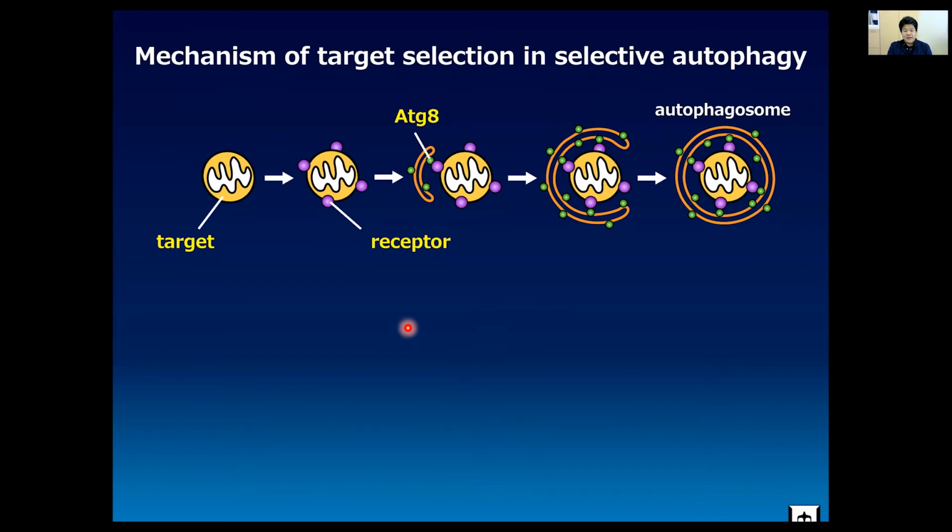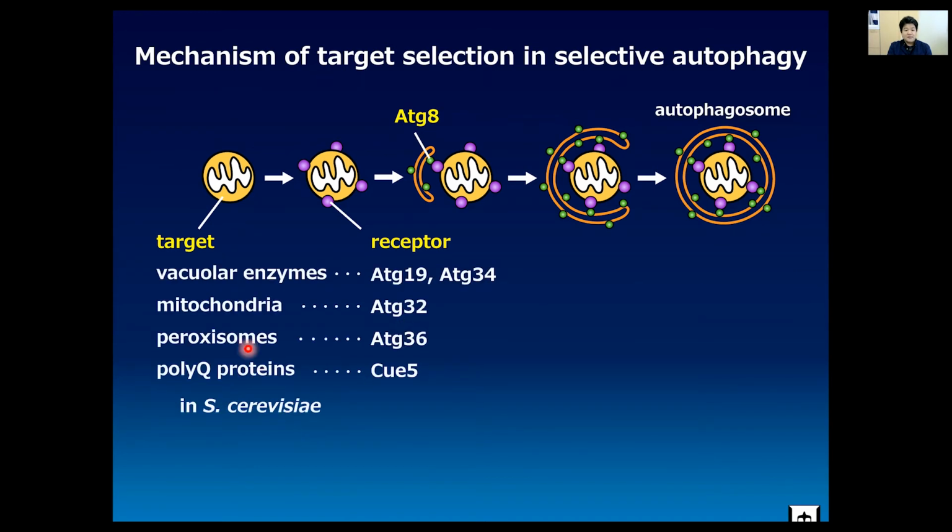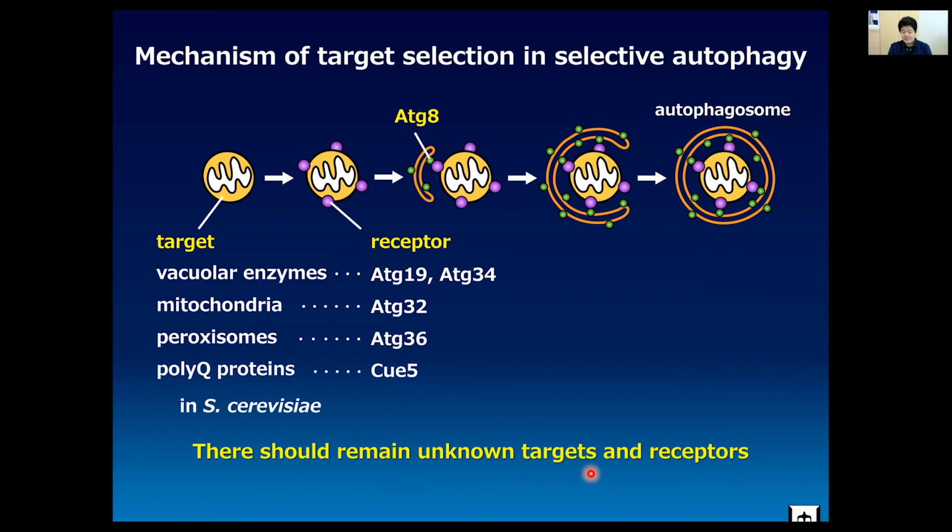At that time, in Saccharomyces cerevisiae, several proteins and organelles were known to be targets of selective autophagy, and autophagy receptors for these targets were also identified. But we assumed that there still remain unknown targets and receptors for selective autophagy, and given the fact that these previously reported autophagy receptors all interacted with ATG8, we aimed at identifying novel autophagy receptors among proteins interacting with this protein.